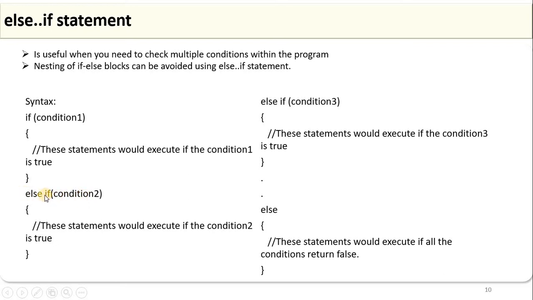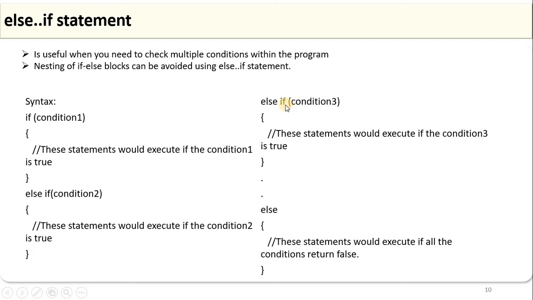And here, if condition 2 is true, it will enter here, execute whatever statements are in this block, and then come out of the complete control block. If condition 2 is also false, then it will come here. If condition 3 is false once again, then it will come to the next else if block. It will go on like this.